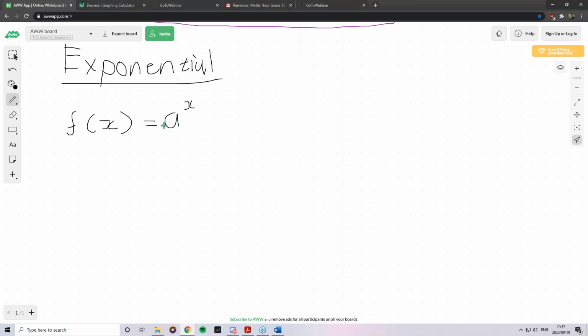So what this means is I'm taking numbers in my domain, I'm taking x's, and I'm taking a, let's say a is whatever, and I'm raising this to the power of x. So a to the 1 will just be a. A squared. When x is 3, this is a cubed. When this is 4, this is a to the 4. And this carries on for all x values.